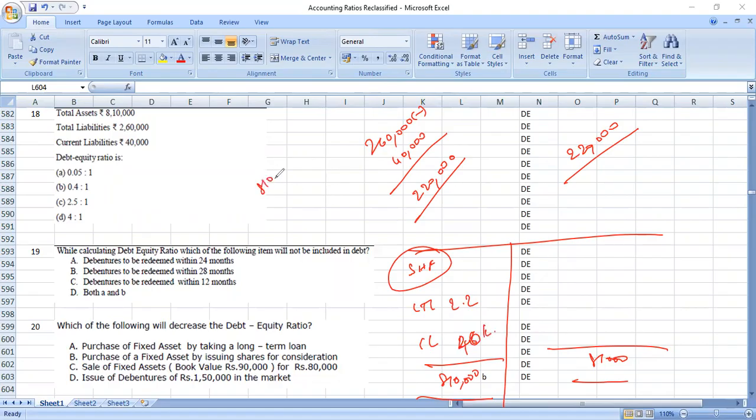So 8,10,000 minus 2,60,000 will give me the equity, 5,50,000. So 5,50,000 is equity. So this will go 2 times and this will go 5 times. 2 by 5 is what? 0.4. So answer is B. B is the correct answer, my dear children.